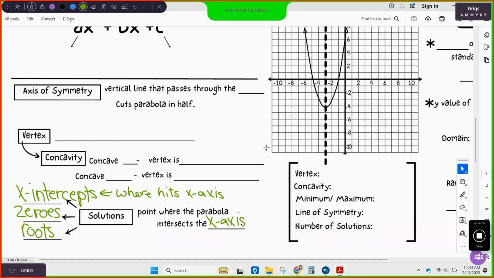We could have one solution, like our parent function, or we could have up to two solutions because it dips and then it dips back in. So we could have zero, one, or two solutions. Just know that it could be different depending on the parabola.